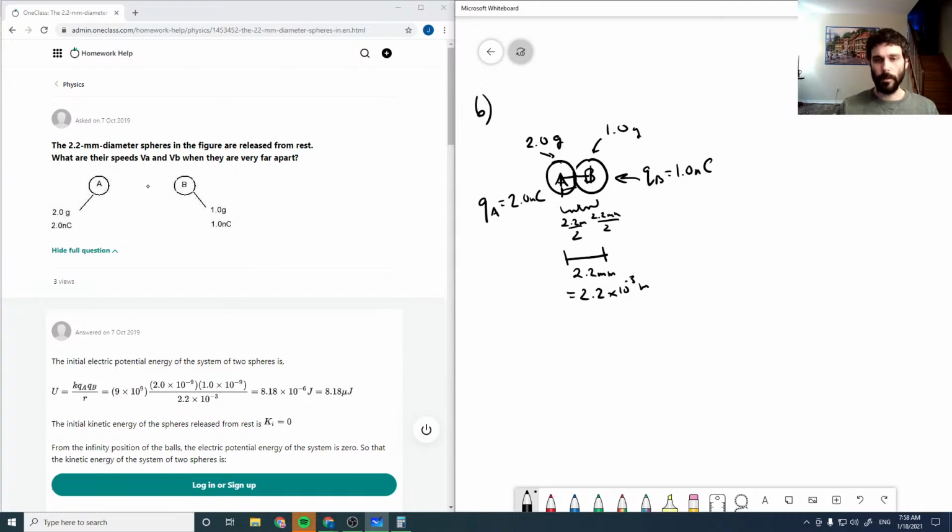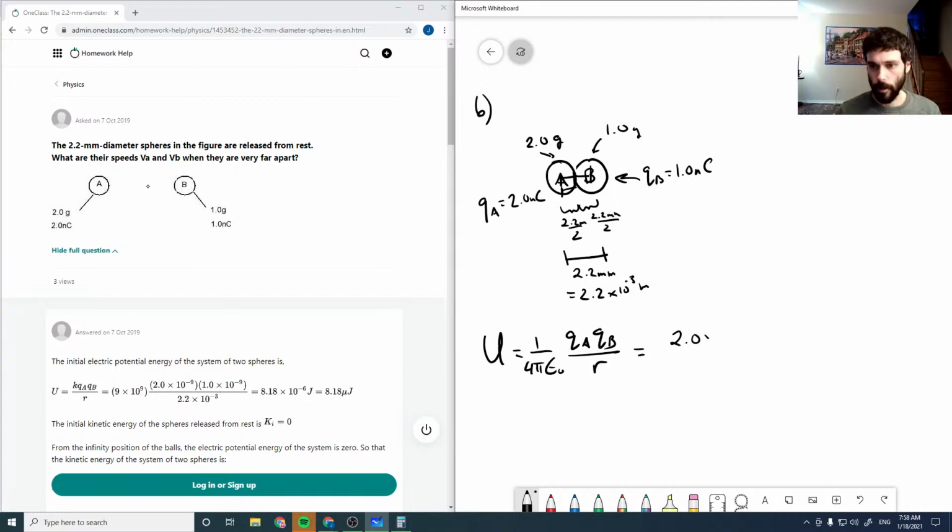So we can compute the potential energy when they're next to each other as 1 over 4 pi epsilon naught QA QB over R, which, as they both have the same sign charge, is going to be positive.